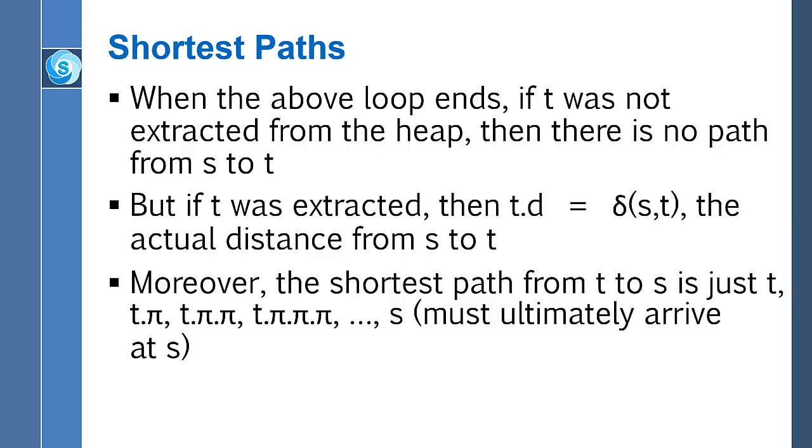And this sequence will actually be a path from T to S, right? Because we know there's an edge that connects T to T dot pi. T dot pi is a vertex that comes just before T along a shortest path from S to T. Okay, that pretty much was by construction.